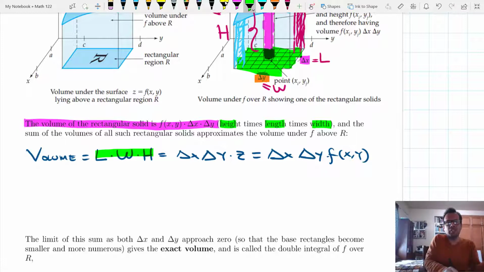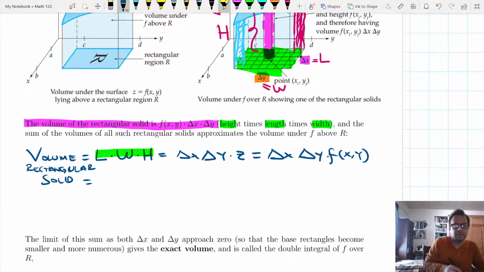But just for the sake of notation right here, we typically get the volume of the rectangular solid, which in this case will be f of x, y, delta x, delta y.